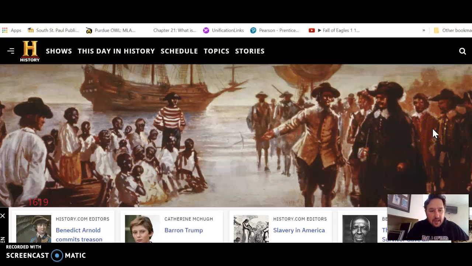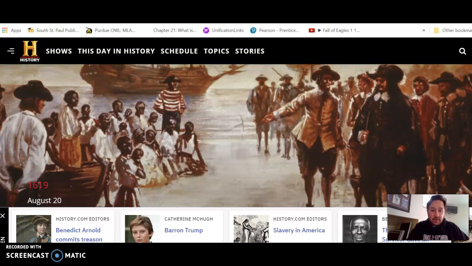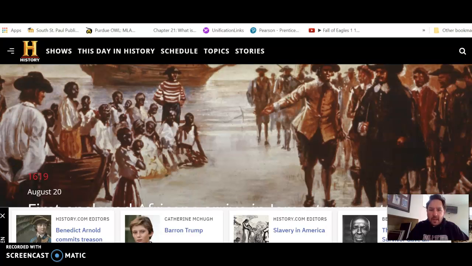The transatlantic slave trade was brutal, and that would be true for the next 250 years. Most of the people on that ship died. The numbers vary, they started with somewhere between 150 and upwards of 350, and only 20 would make it to the shores of Virginia.